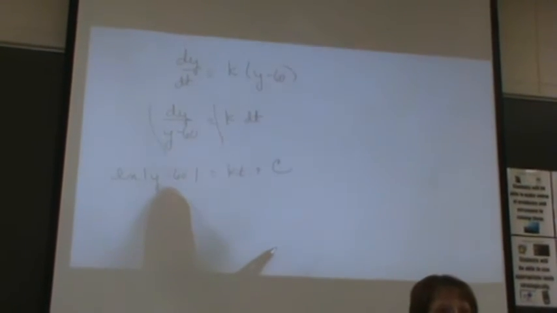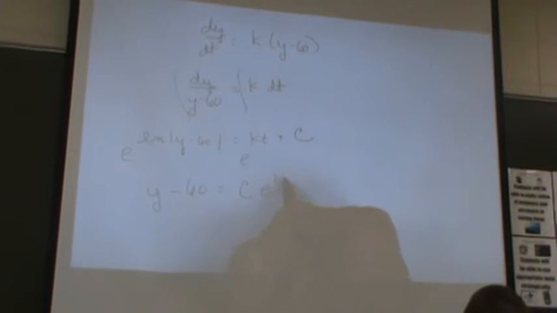So we don't have to worry about the absolute value anymore. Okay, so we now have to exponentiate both sides. So what we're going to end up with is y minus 60 equals our Ce to the kt, or y equals 60 plus Ce to the kt.